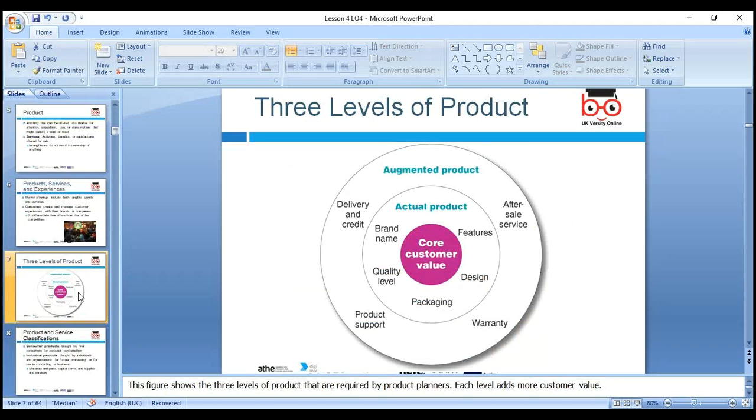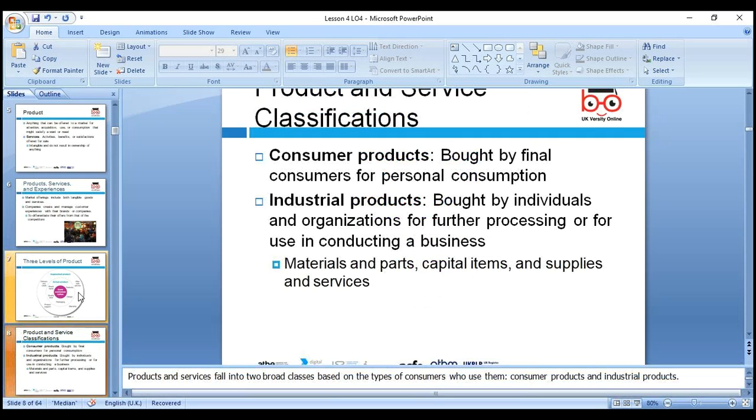Okay, next, the three levels of product: the augmented product. We can look at the actual product, after sales service, warranties, product support and delivery. We can look at the brand name, quality, packaging, and core customer value. These create the core customer values, and we need to focus on these.